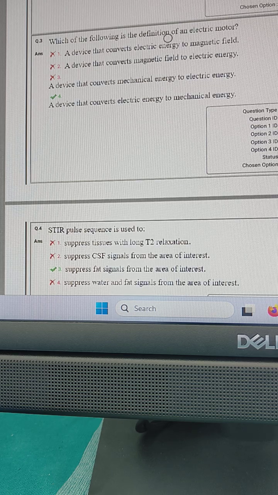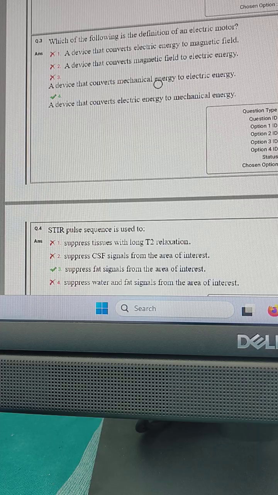Which of the following is defined as an electric motor? A device that converts electric energy into a magnetic field, a device that converts a magnetic field to electric energy, a device that converts mechanical energy to electric energy, or a device that converts electric energy to mechanical energy.